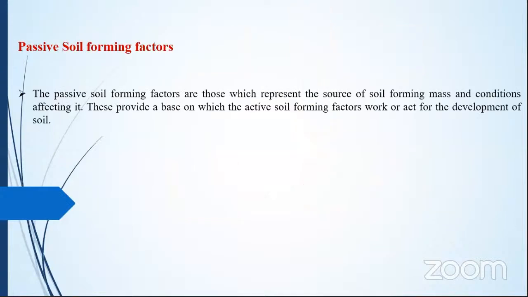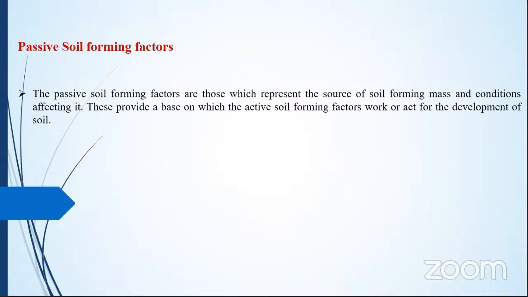So very first, students, passive soil forming factors. Passive soil factors need not have any energy, so there need not be any source of energy. They represent the source of soil forming mass and conditions affected. And mostly these soil forming factors provide the base for the further action, that means further activity of active soil forming factors. So these passive soil forming factors provide the base for further weathering or further soil development.